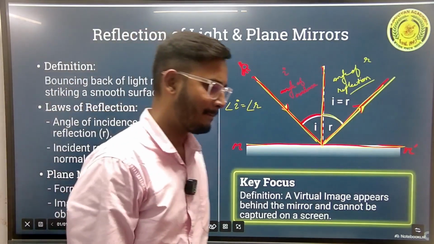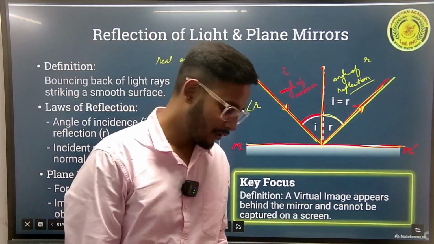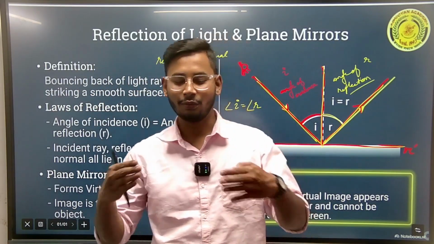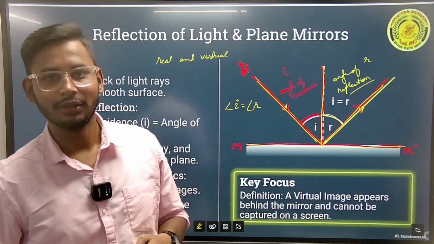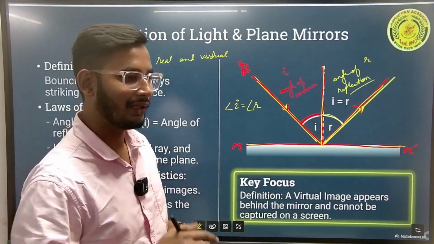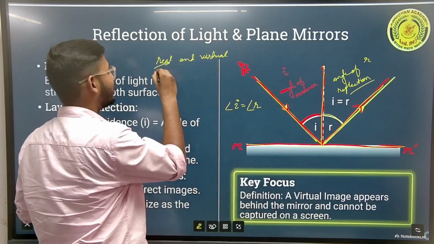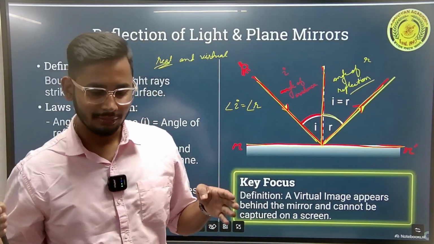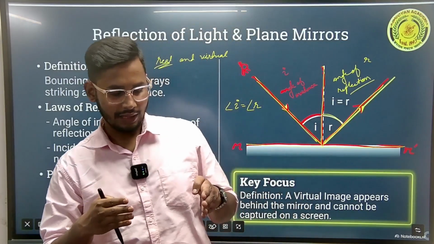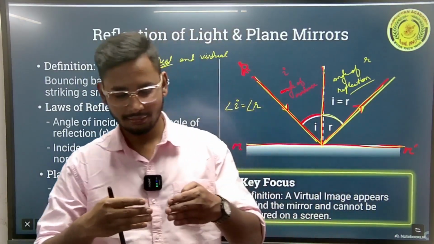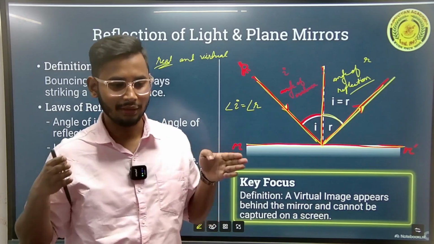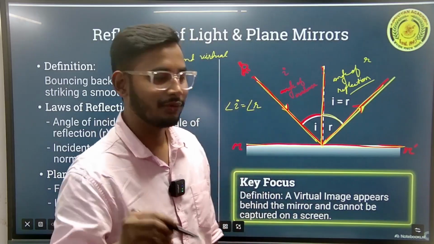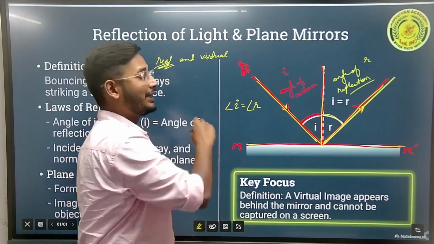A real image is formed when the rays after reflection coincide at a point. If they coincide at a point, then at that point we get a real image. After reflection, let's say two rays are going, and the reflected rays coincide at a point. Then the image we get at that point will be real.